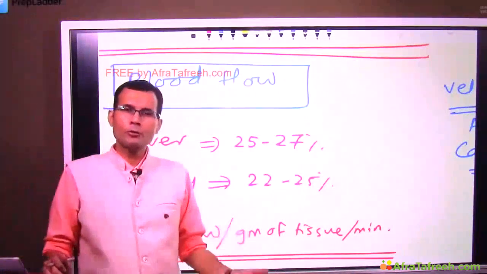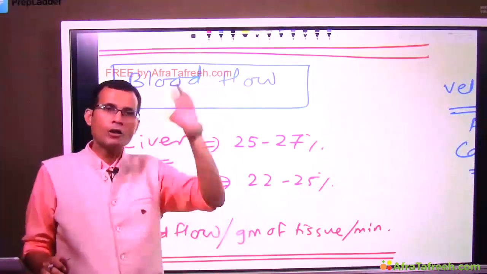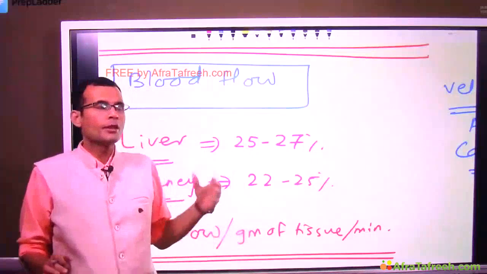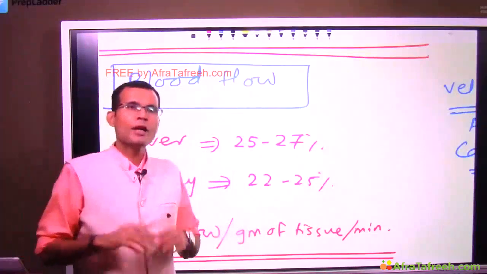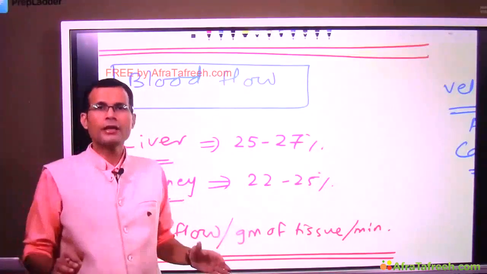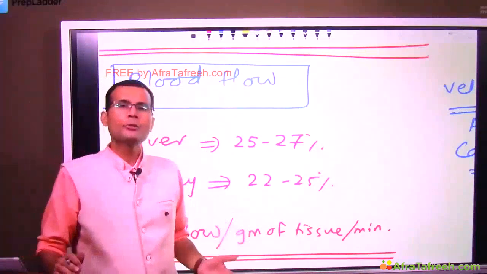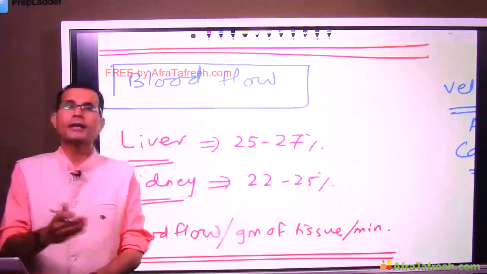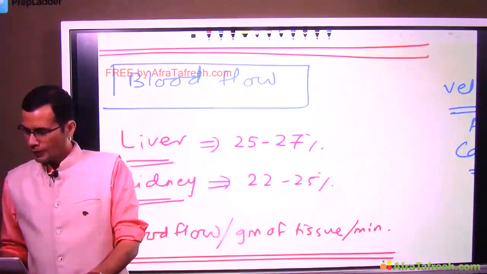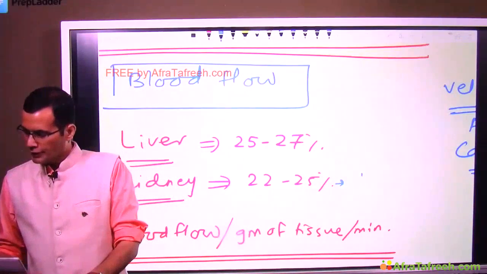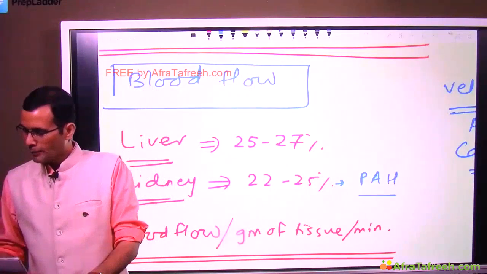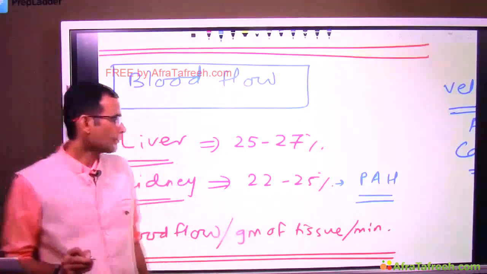Okay, measurement of blood flow to various organs. Look, blood flow to an organ and cardiac output in the entire body is measured by dye dilution technique or indicator dilution technique. So we can use various indicators. For example, for kidney, we use para-aminohippuric acid.